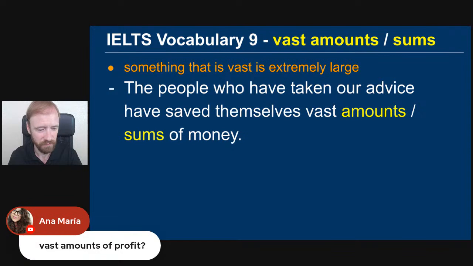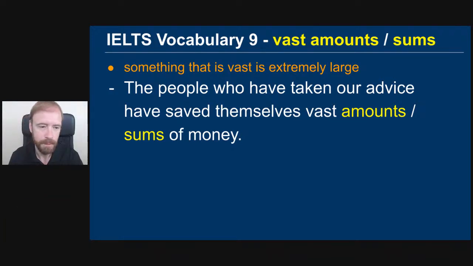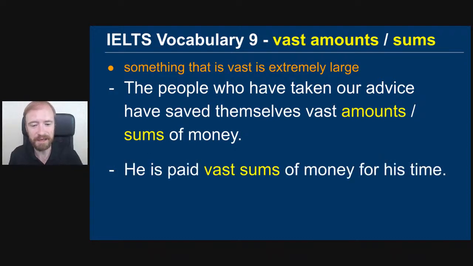Vast amounts of profit. Yes, you can have vast amounts of profit. Again, profit. There's so many different adjectives you could use for profit. Let's look at our next example. He is paid vast sums of money for his time.